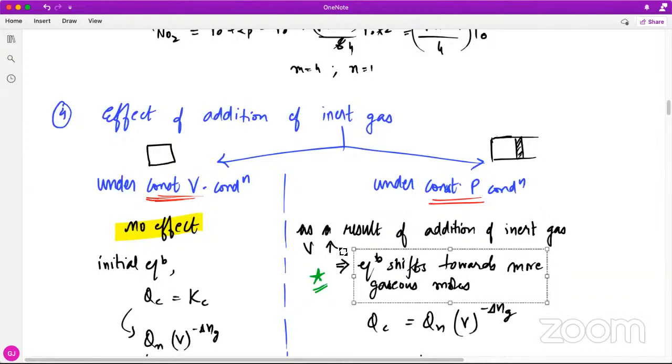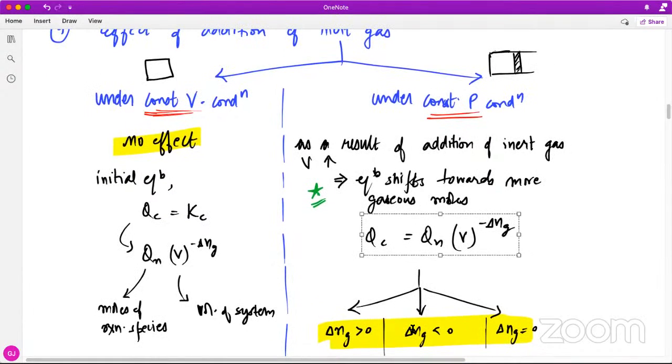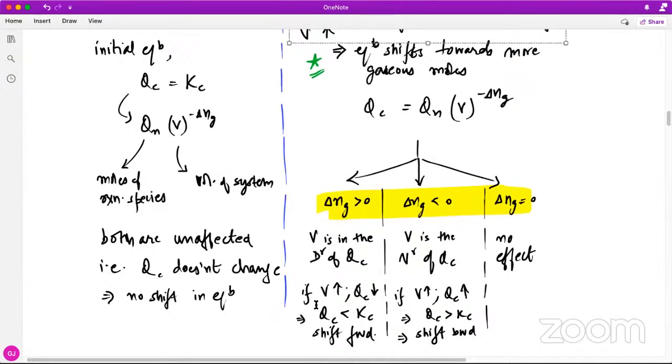Or you can think numerically. You write the QC expression. In this, depending upon the sign of delta Ng, you will know where the volume will lie, in the numerator or denominator. And because of addition of inert gas, volume is increasing, right? So you will know what will happen to Q, whether it will increase or decrease. Accordingly, you will know about the shift, whether it is forward, backward, or, in case delta Ng is 0, there is no effect.